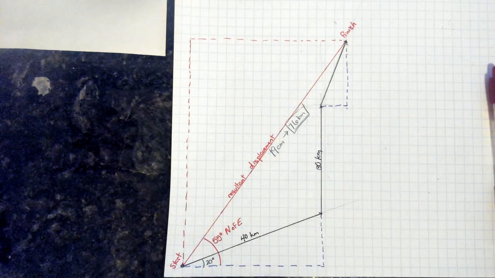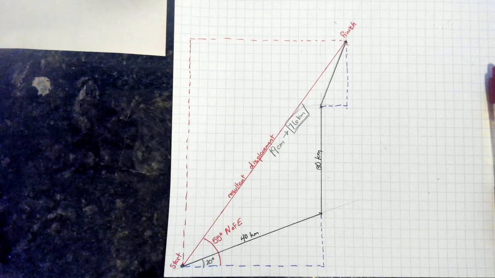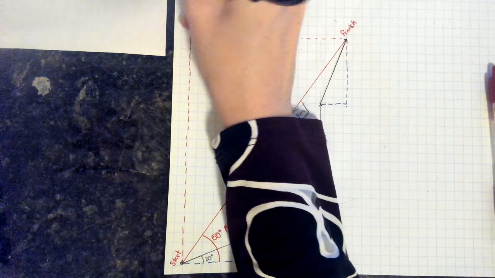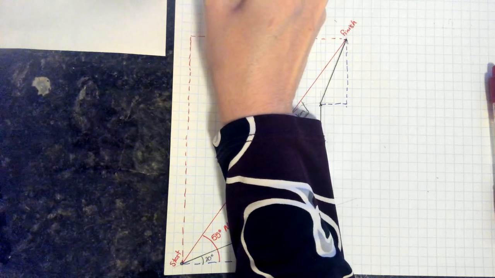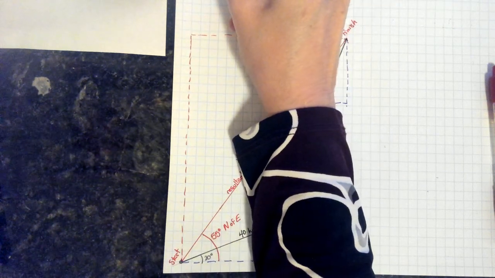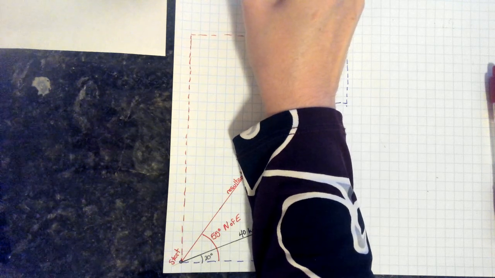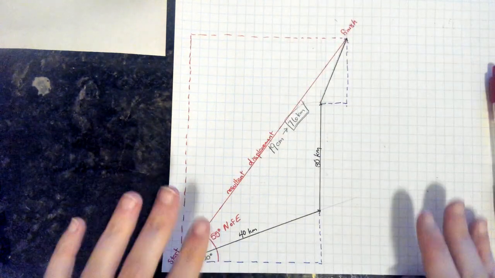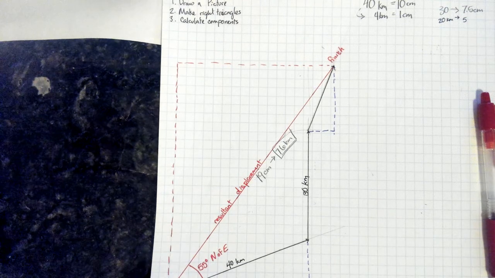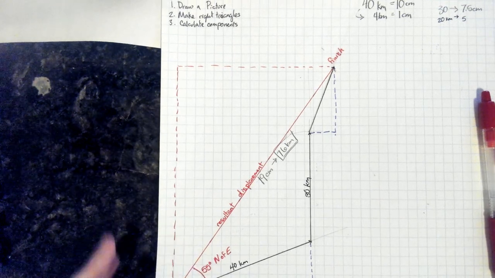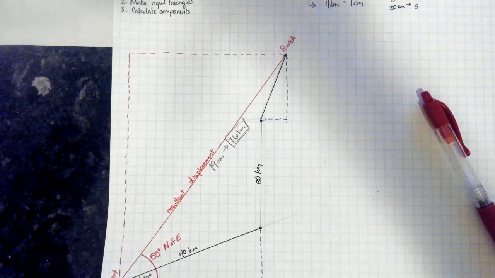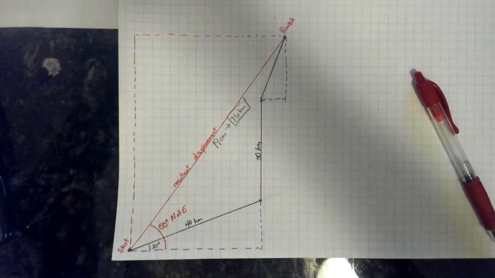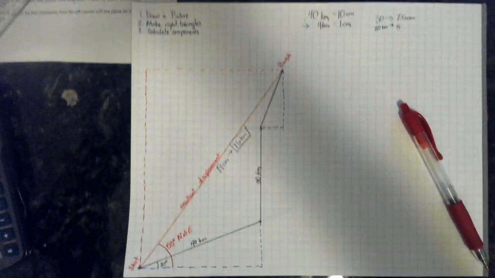Third step, just like before, is calculate the components. Why can't I see everything on my page? Make this a little bigger.